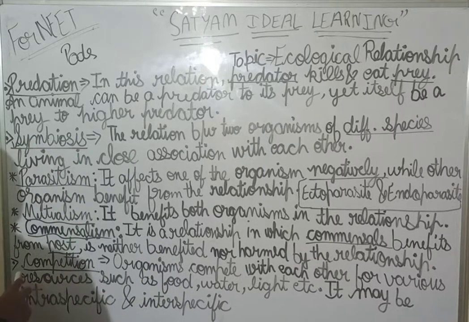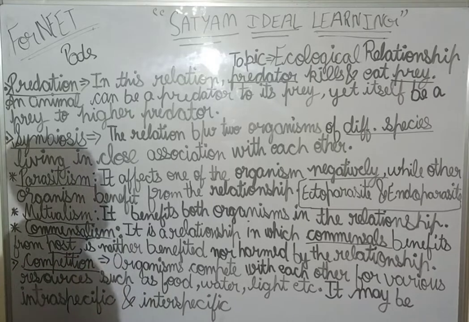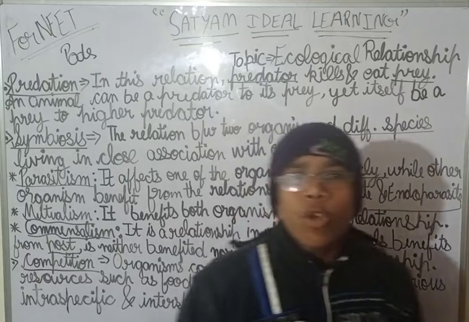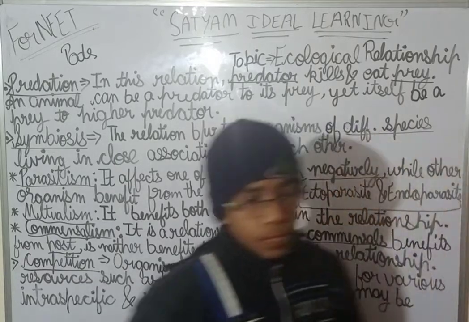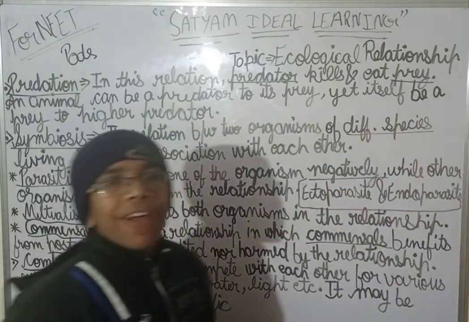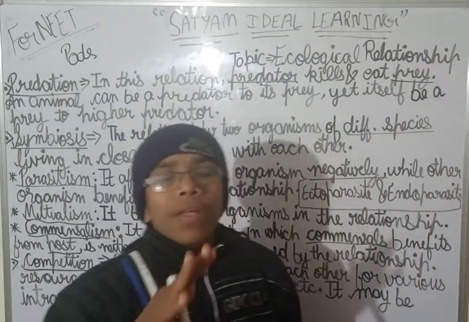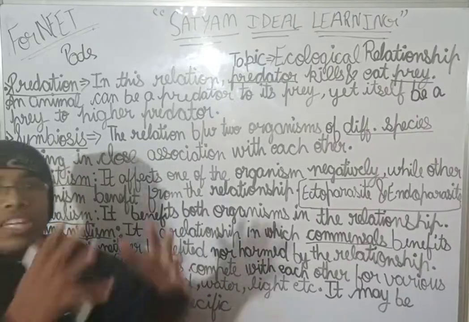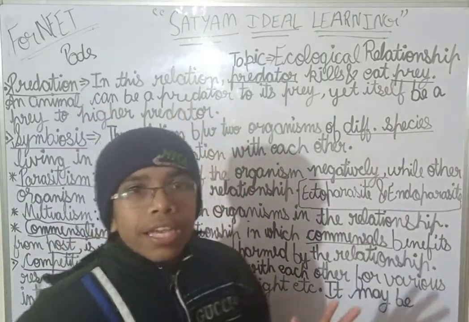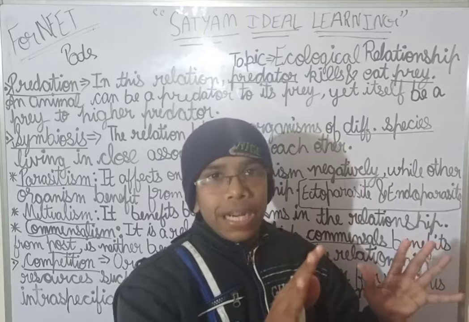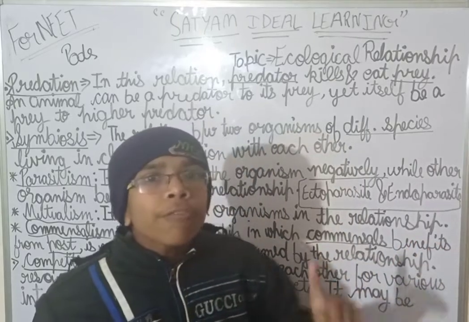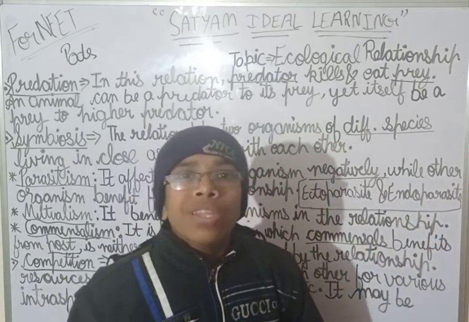Now we will be coming on the competition. Before that, I want to give one more example of commensalism. Epiphytes are the plants which are attached to the trunk of a tree, but they do not take nutrition from the trunk.